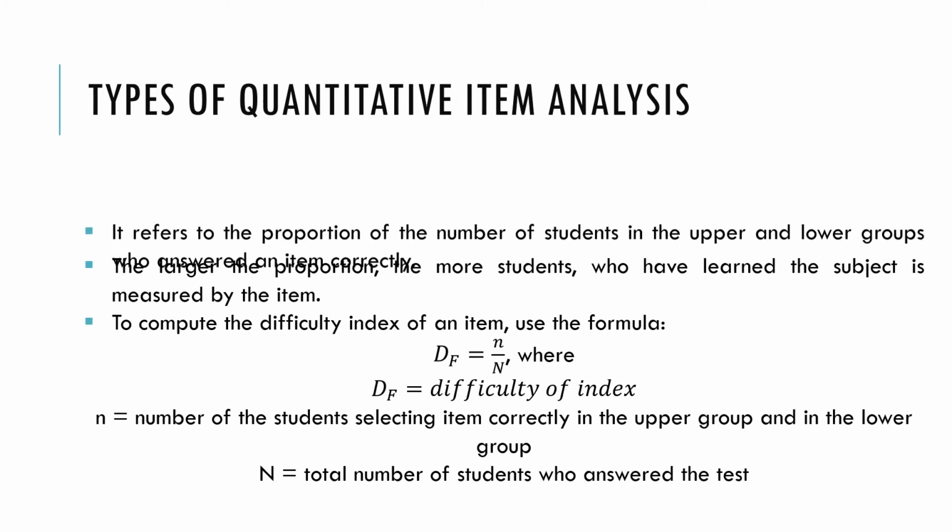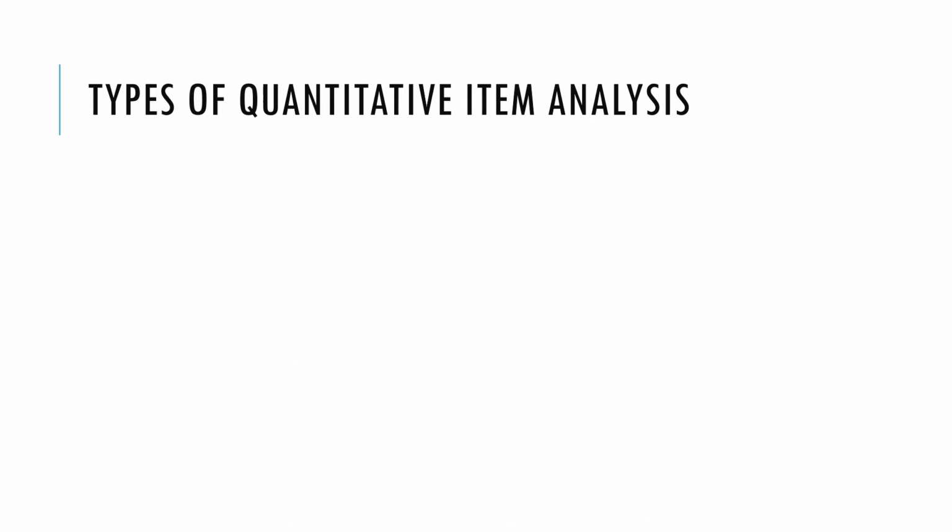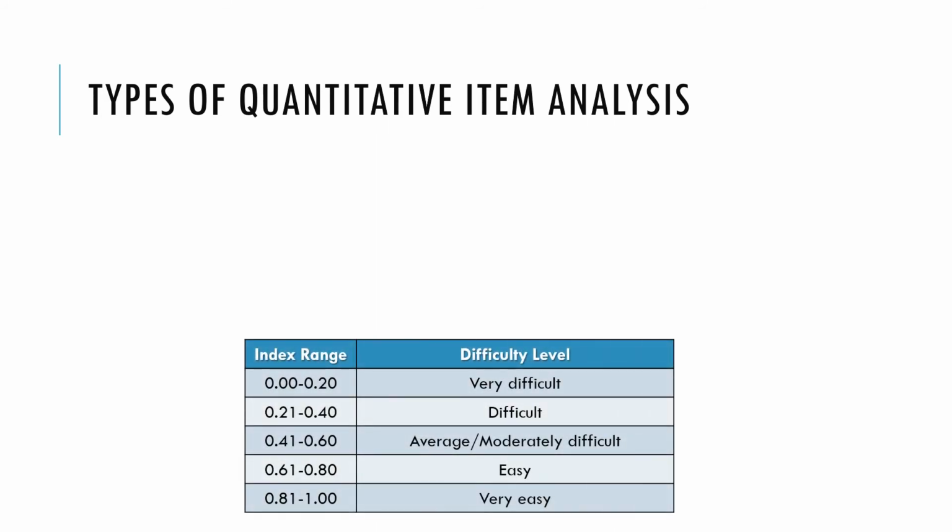Okay. Now let's try to look at the interpretations when it comes to the level of difficulty. So meron tayong table dyan. We have two columns in a table, index range, and difficulty level. We call it the level of difficulty of an item.